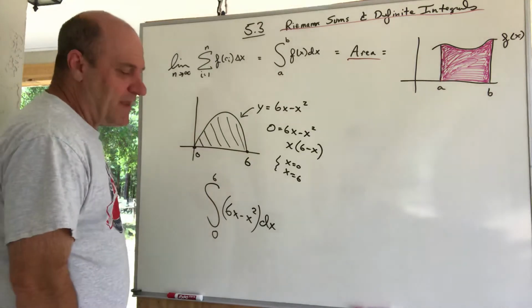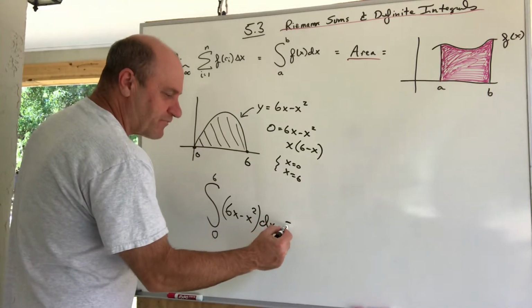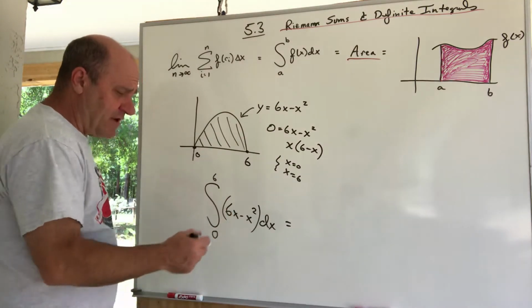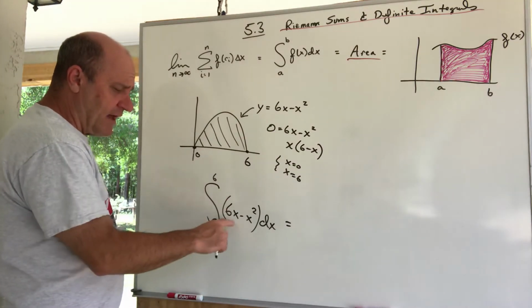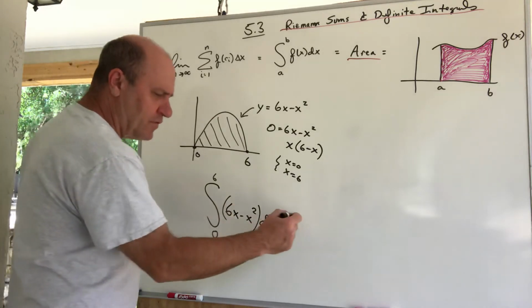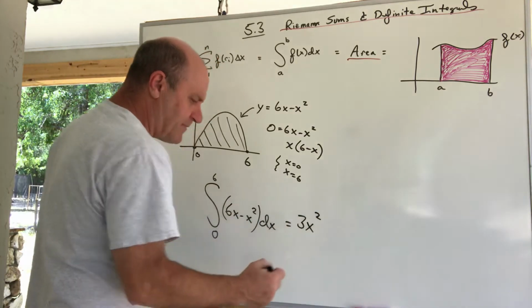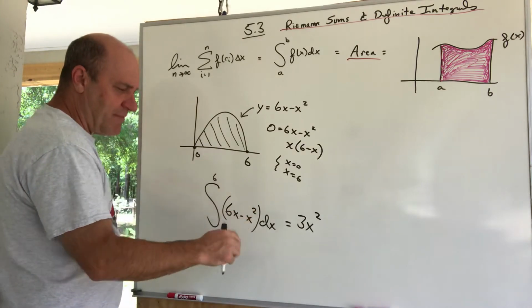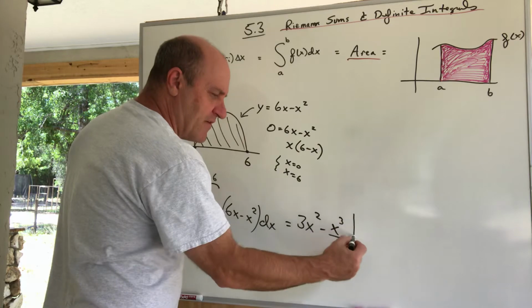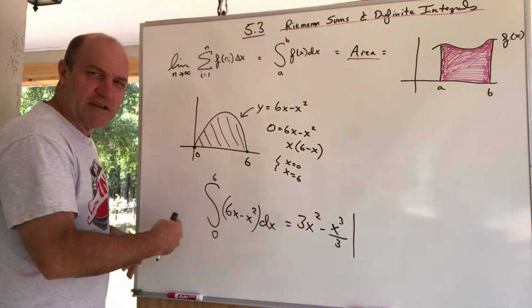Let's just do it. We know from section 5.4 that you find the antiderivative. You actually integrate. Power rule: 6x squared divided by 2, which is 3x squared, minus x cubed divided by 3. I don't put a plus c on a definite integral.